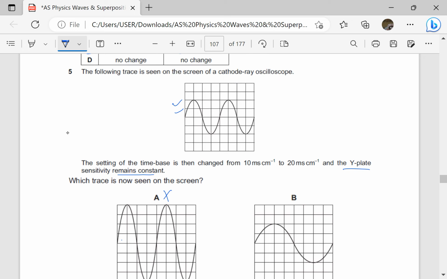So the period here was represented by 4 boxes. Note that period is equal to the length representing one cycle times the time-base setting.